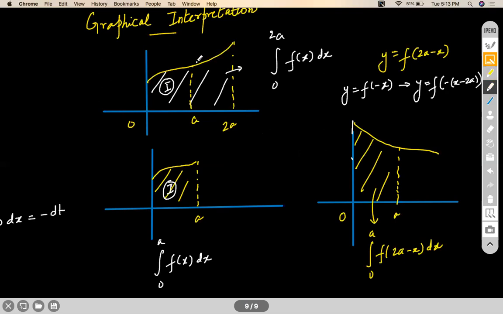This part is basically flipped about the line x equals a, and hence it becomes this part of the area, which exactly maps with the second one. So 1 plus 2 will give you this area.